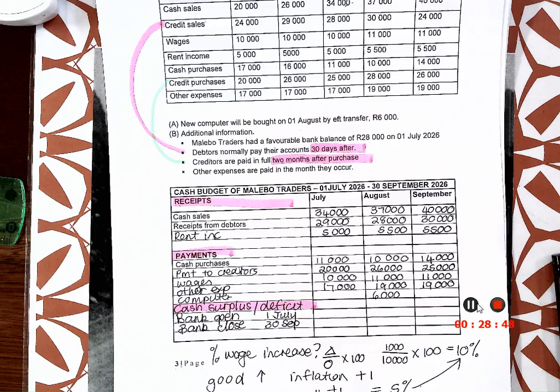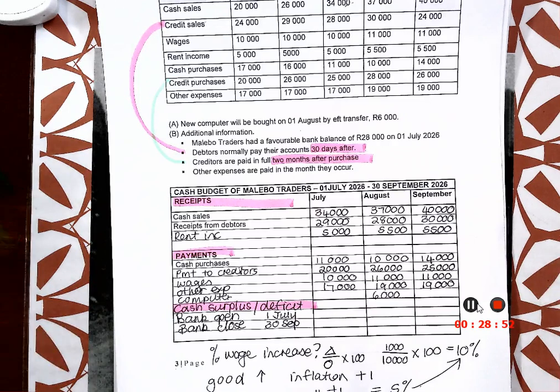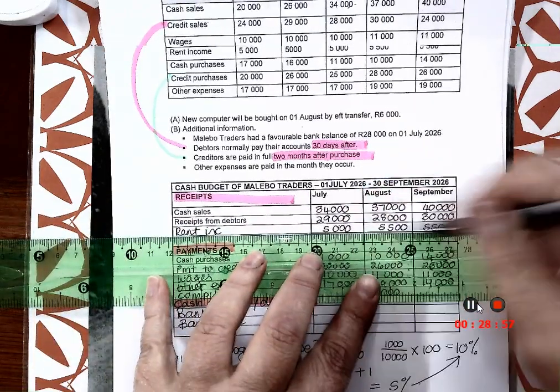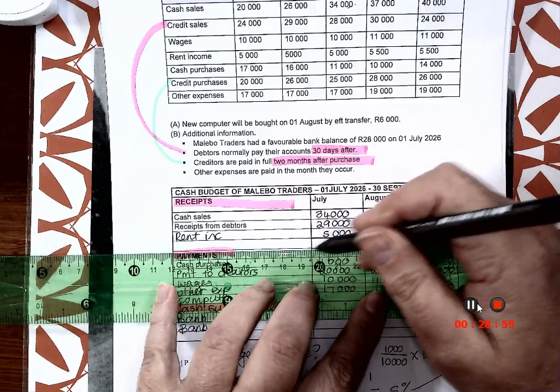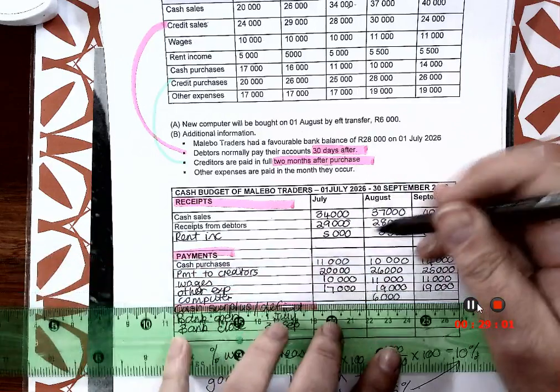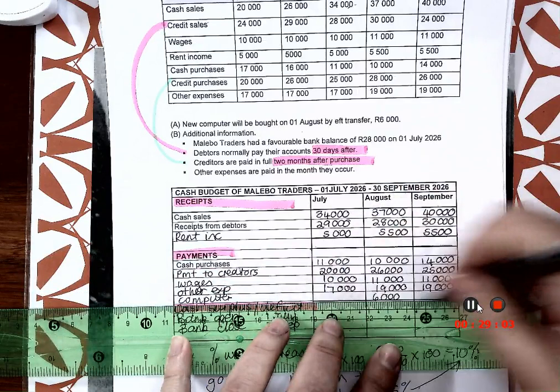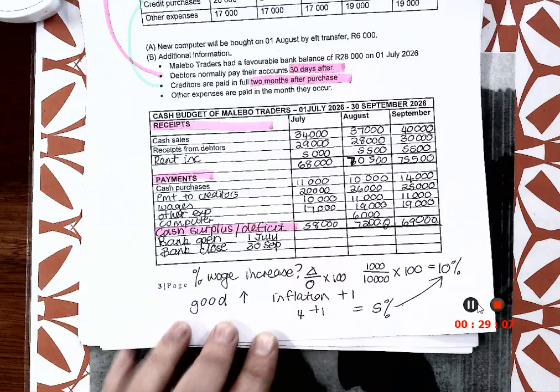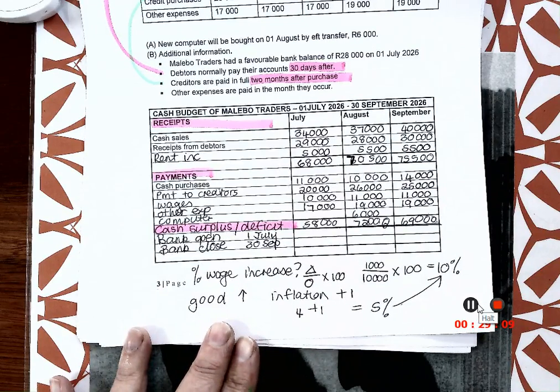So now, the next step is the calculator step. So you need to add everything. So let's total. So now we need to do, oh, my things are wrong. I had to write here total receipts.